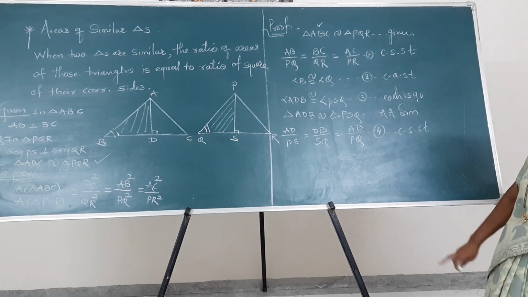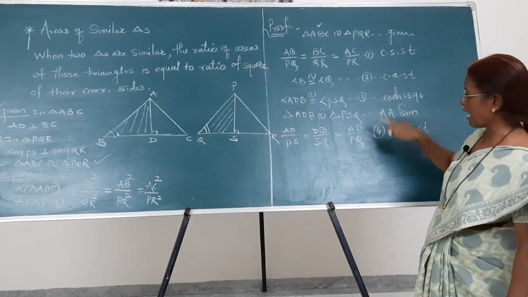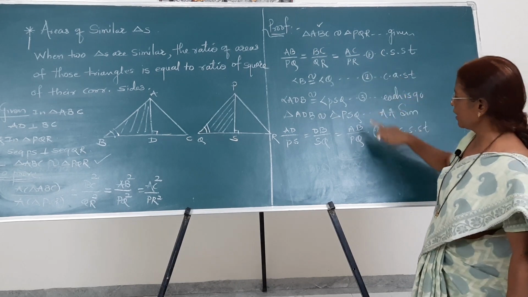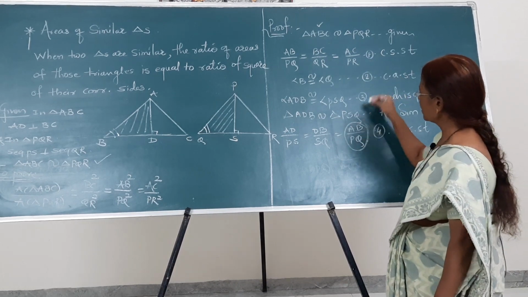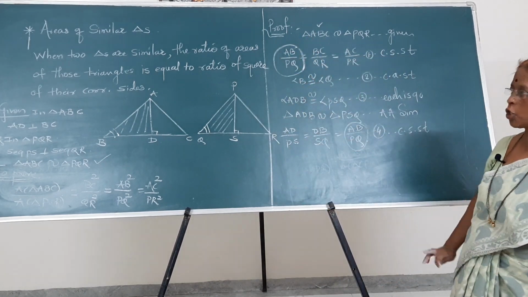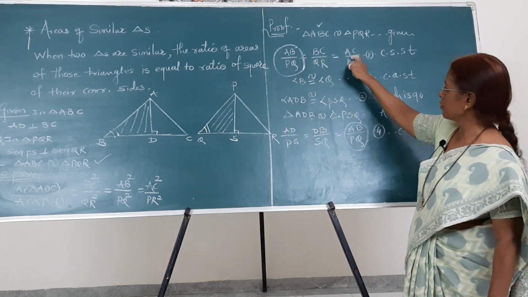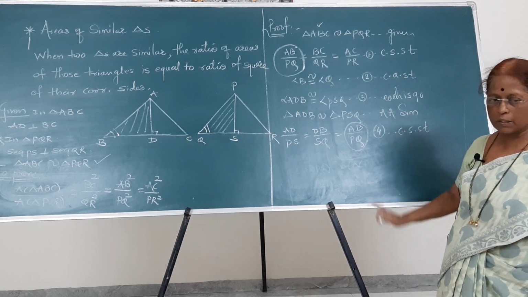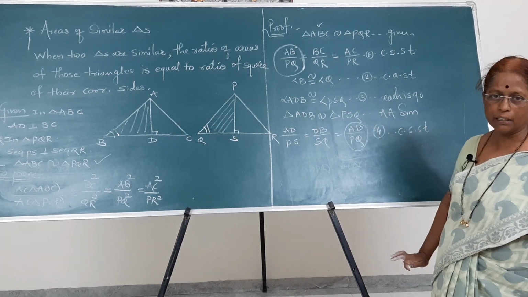Now see children, our first equation and the fourth equation, these two equations have the common ratio AB upon PQ. Means in short, we have 1, 2, 3, 4 and 5 ratios. This is repeated. So these 5 ratios are equal.